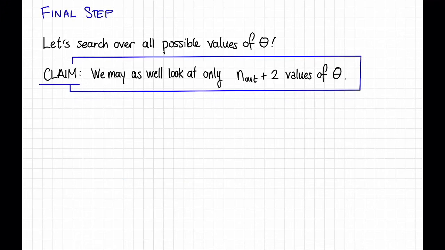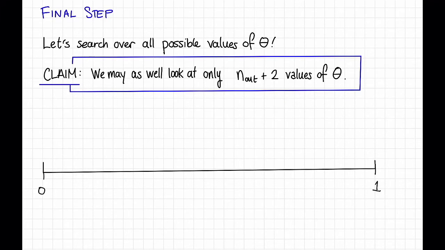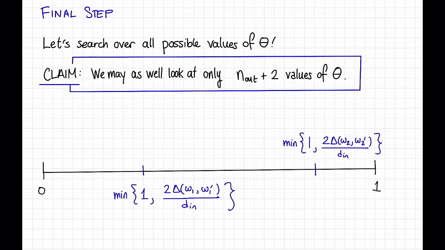Another way to put it is to draw this picture. So here's the interval 0 to 1. And let's say that here's the point, the minimum of 1 and 2 times the Hamming distance between w1 and w1 prime divided by d_in. And let's say that this point here is the same thing for w2 and w2 prime, and so on.